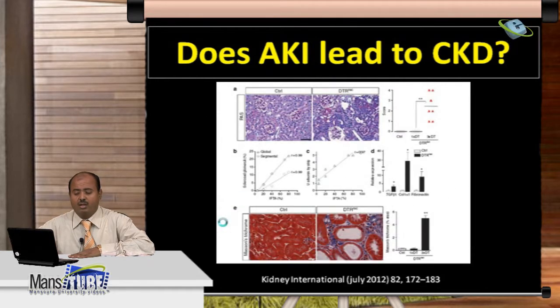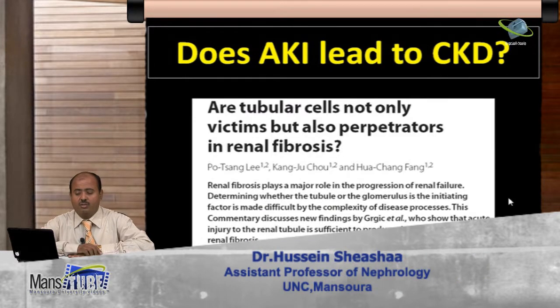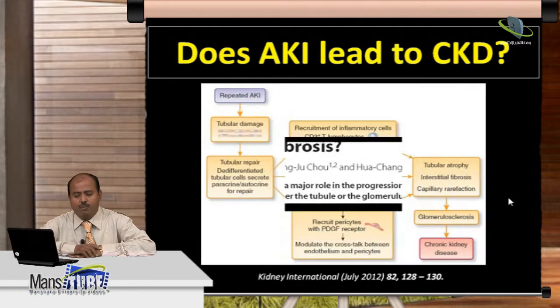If you make repeated injury you will find a lot of fibrosis. And this is the editorial stating: are tubular cells not only victims, but also perpetrators in renal fibrosis? And the answer is yes, it can lead to fibrosis.